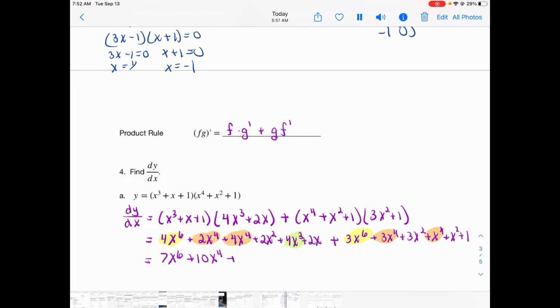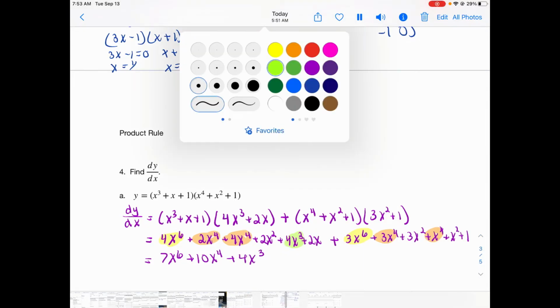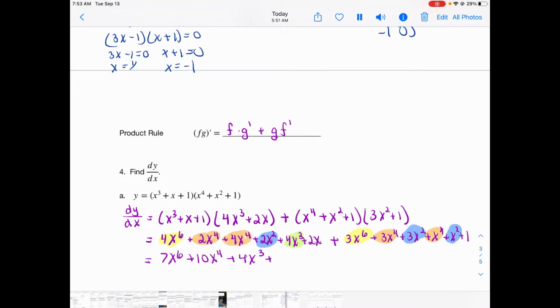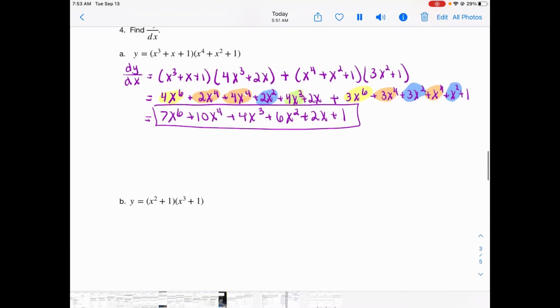Okay, it looks like there's only one x cubed term, and all the rest are just one term each. So my derivative of y with respect to x is this polynomial. Sometimes you do have to go through a few steps.